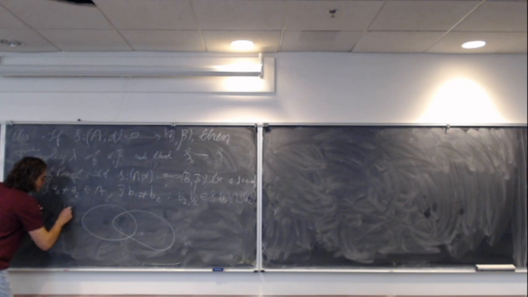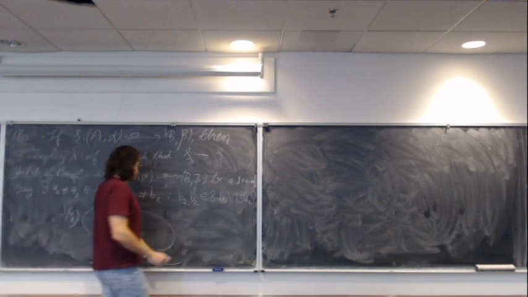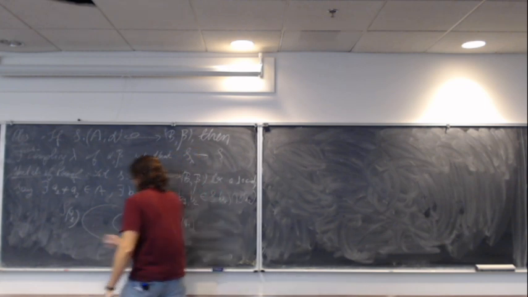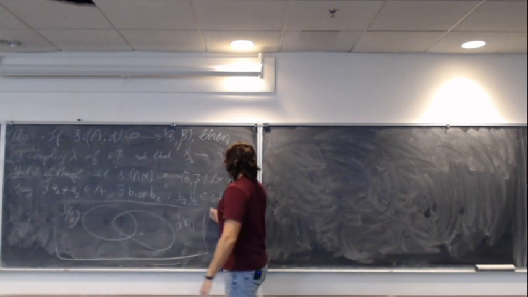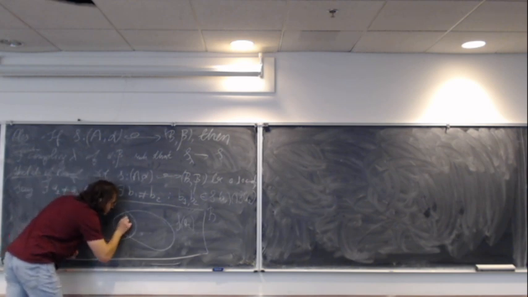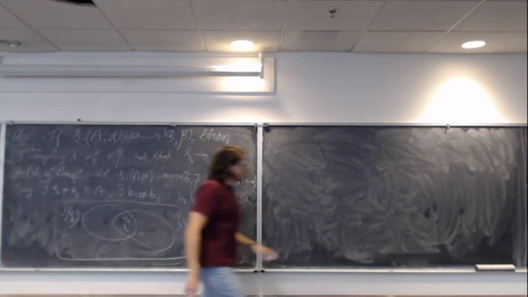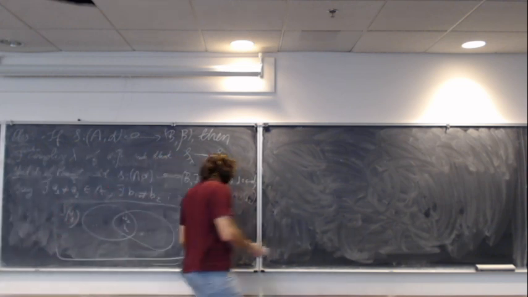So this is this subset of B, and this is this other subset of B. I'm just going to draw Venn diagrams. And based on what I wrote here, I have one point here, B1, and another one, B2. So I'm going to define these functions.